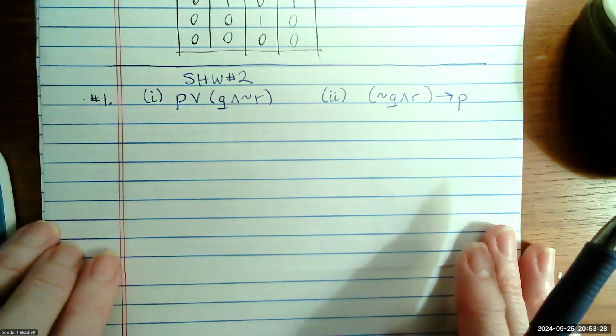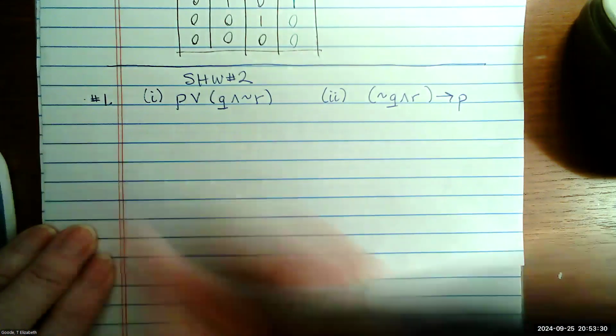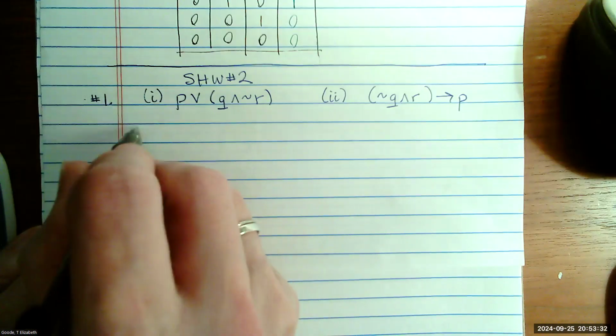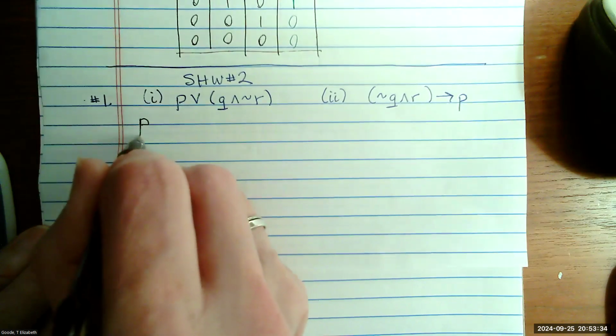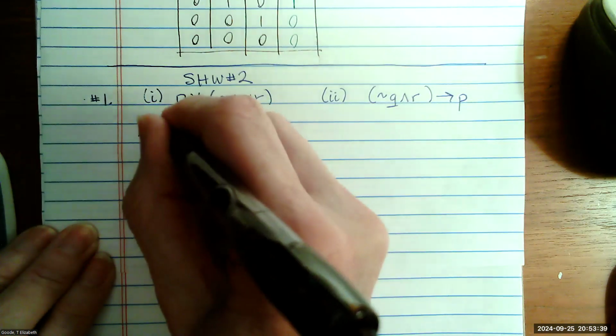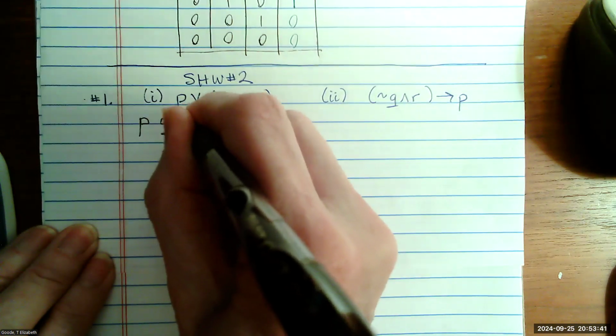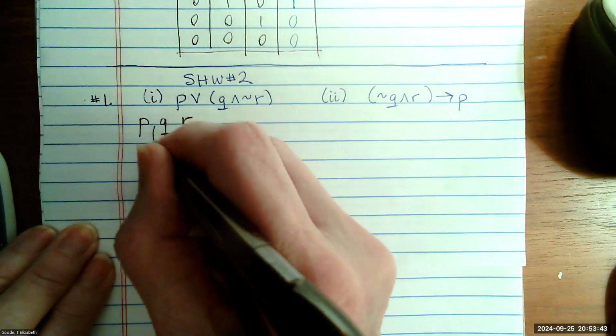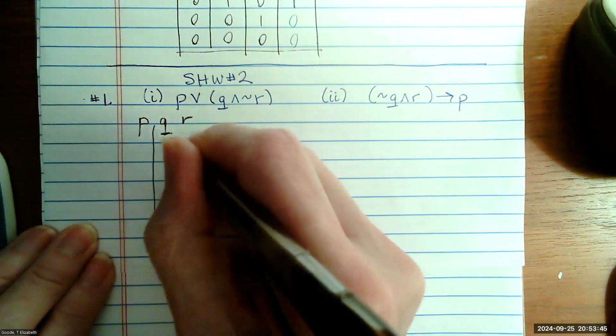That's the point. Okay, so if we make the truth table, I'm going to set up a column for P and a column for Q, and R. All right, so we're going to need 8 rows.